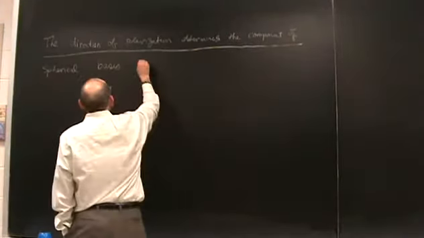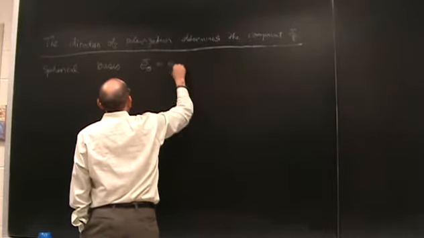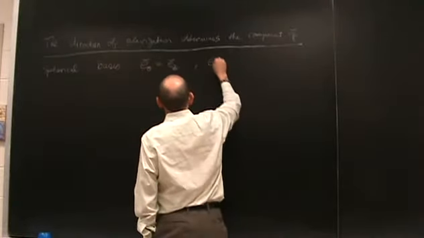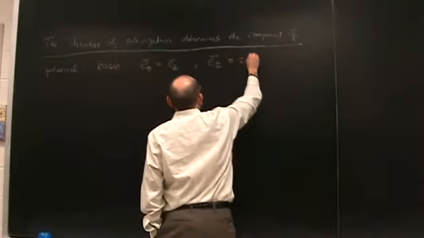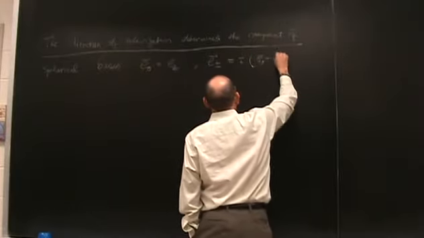E0 is the z-axis. E plus or minus 1 is x, ex plus or minus iy.